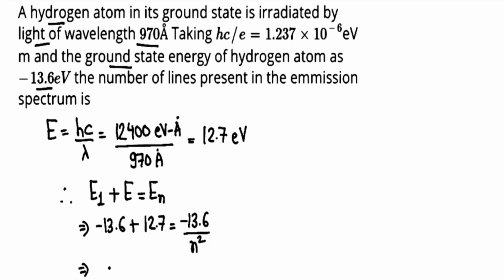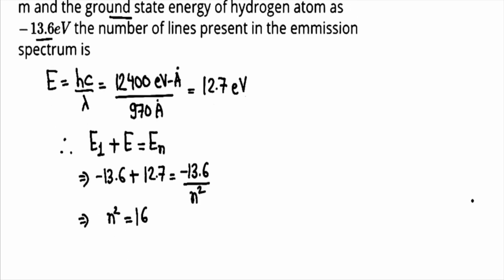Now this comes out to be N square as 16, which implies that the value of N comes out to be 4. So the total number of lines present in the emission spectrum will be nC2, or simply N into N minus 1 by 2.